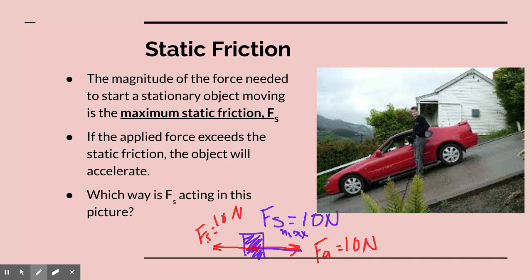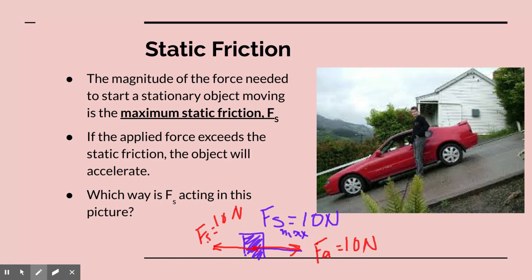And let's be honest, you're not exactly putting 10 newtons of force on. If your applied force is 10.5 or let's say 10.1, and the static friction force is 10.0, you're going to have slight motion. So again, it depends.